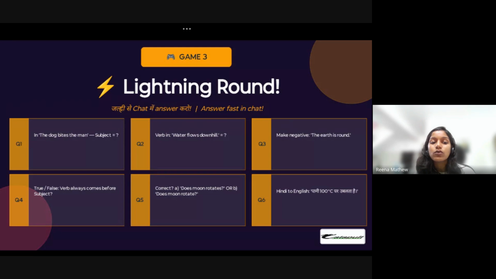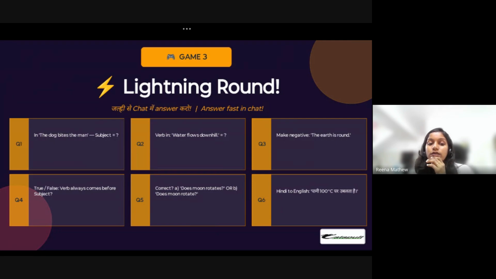Now, fifth question, dekho. What is the correct form of the question? Does moon rotates or does moon rotate? The answer is option B. I'll tell you why. When does comes, does ke baad verb ka simple form is the right form.